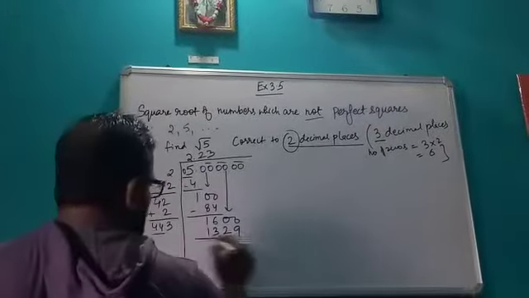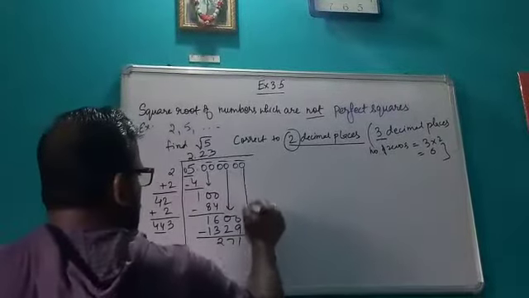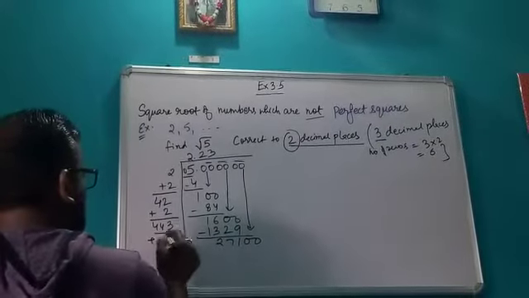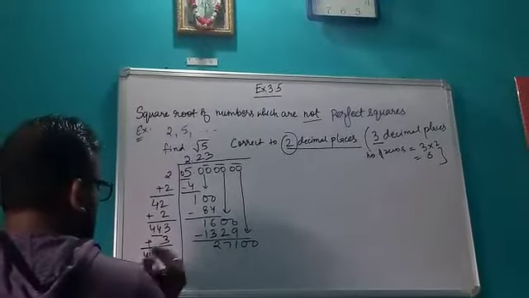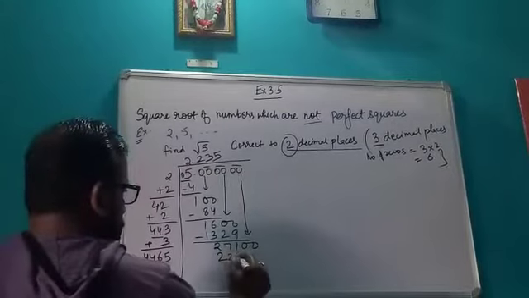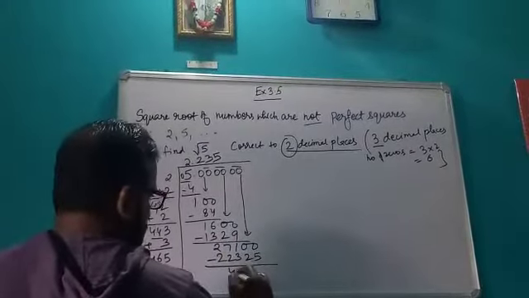Again we will subtract, it will be 2 7 1. Then we will bring one more pair. So now we will bring this 3 here, it becomes 4 4 6. Now this is my 4 4 6. I will write 5. So 2 2 3 2 5. Then we will subtract it.